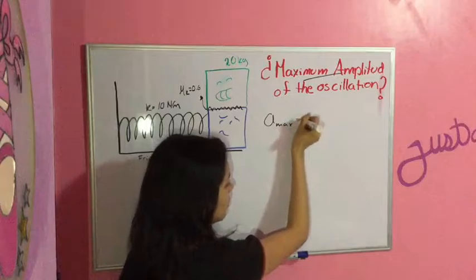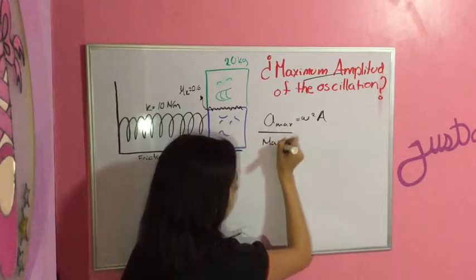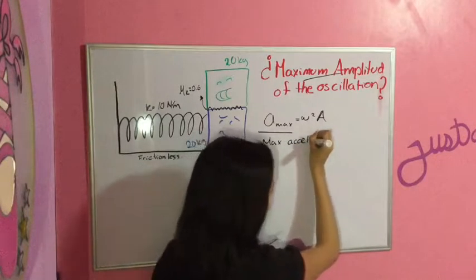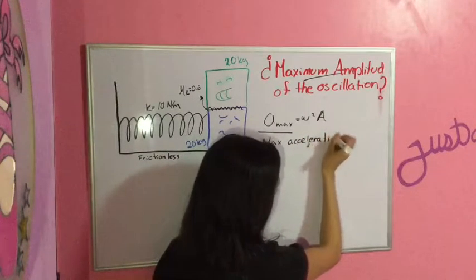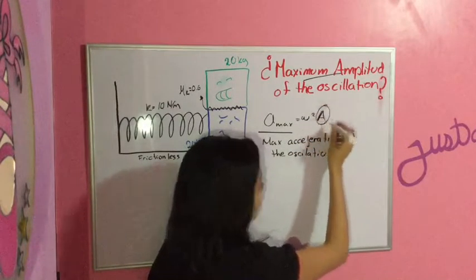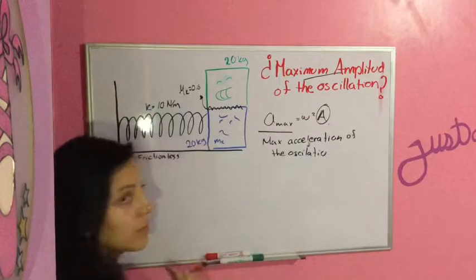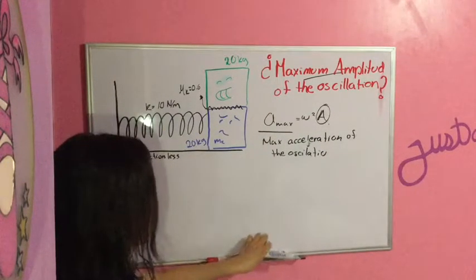In order to calculate this, we have to know that the maximum amplitude has to do with the maximum acceleration, which is omega squared times amplitude. So now to analyze this problem, we have to focus on one block. Why?